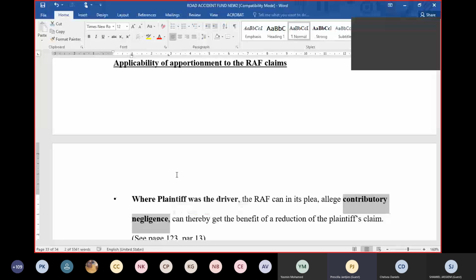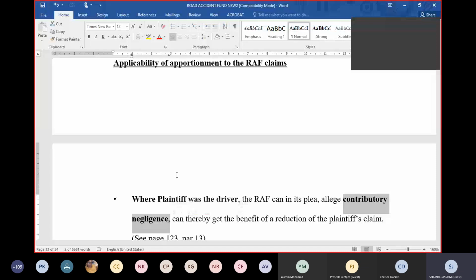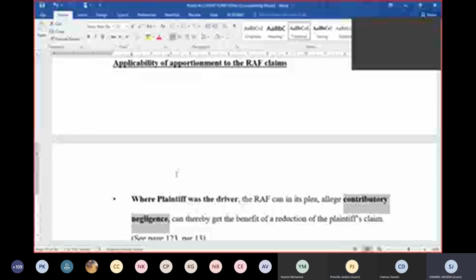That's where I got lost. Okay, that is basically where we ended off. I'm just now answering another student that did not understand, but you are with us. That is where we ended. Okay, thank you. The RAF must plead contributory negligence to get a benefit of reduction. Lovely.